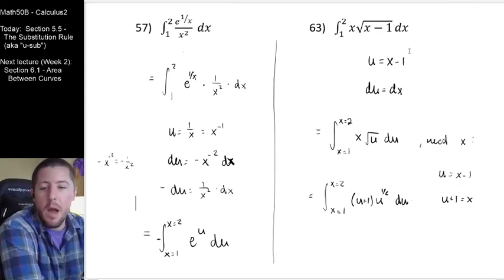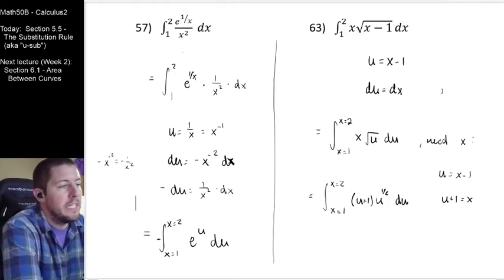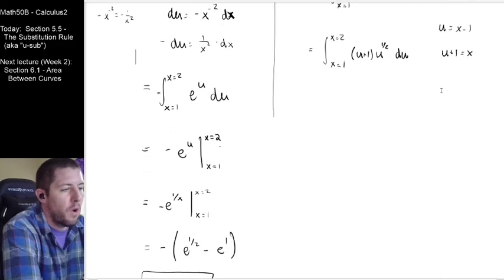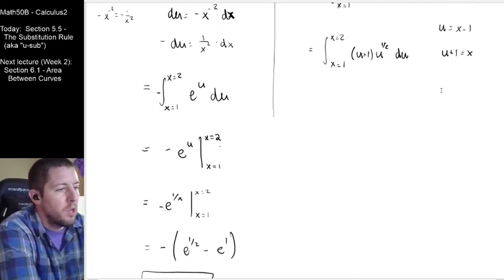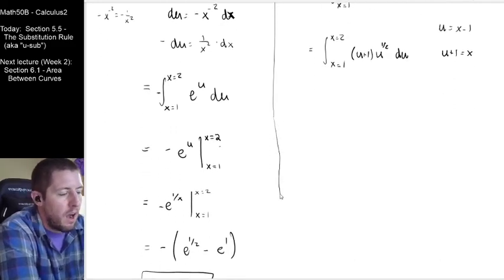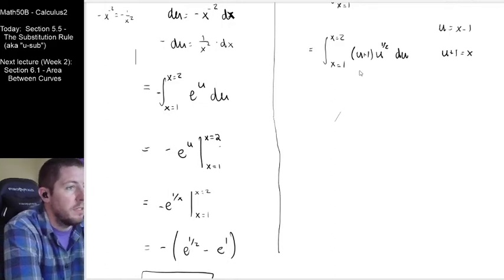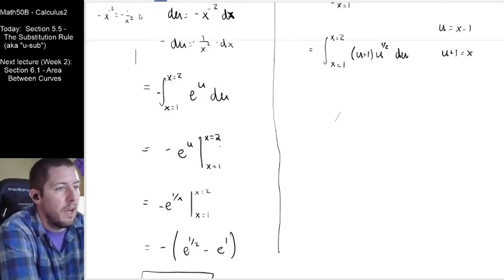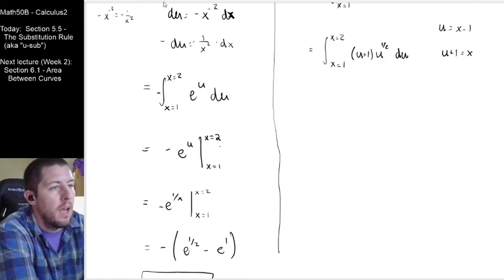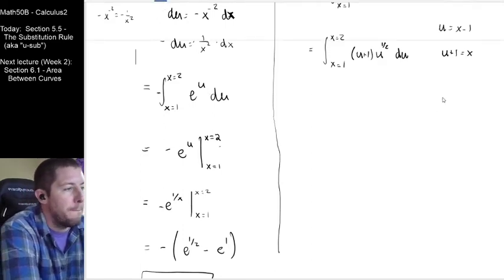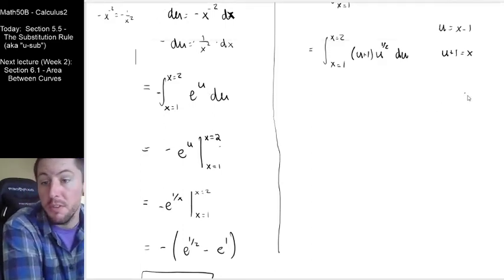So, as promised, I want to deal with our bounds of integration slightly differently here. I want to show you a different way that we can transform our bounds of integration. Rather than converting our integral expression to being in terms of x at the end, I can instead convert my bounds of integration to being in terms of u.